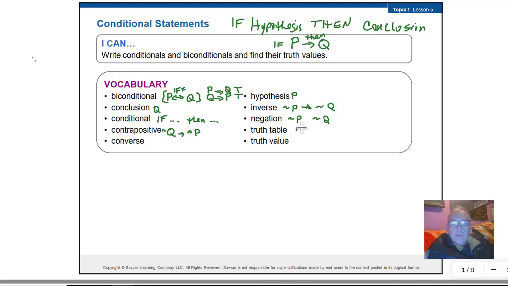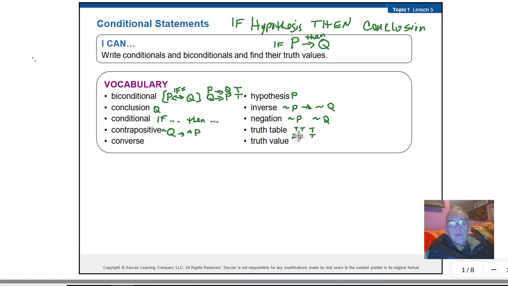A truth table is a way of evaluating these statements. So if the if part is true and the then part is true, we say the statement is true. A trick on this, though, is that if the if part is false and the then part is false, we still say the statement is true. We really can't make a judgment about the statement one way or another if the if part is false.